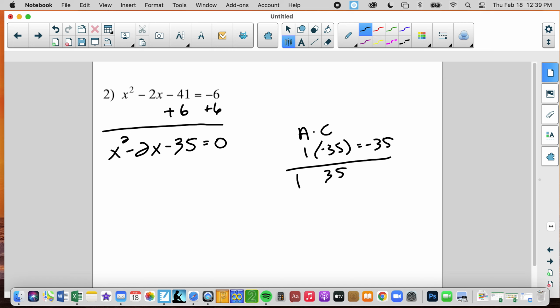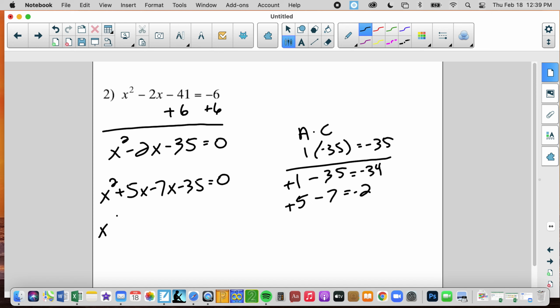Factors of 35 are 1 and 35, 5 and 7. Signs are different. Bigger is negative. That gives me -7 and 5, which gives -2, which is my middle. x squared plus 5x minus 7x minus 35 equals 0. I'm going to factor out an x from the first pair. I'm going to factor out a -7 from the second pair.